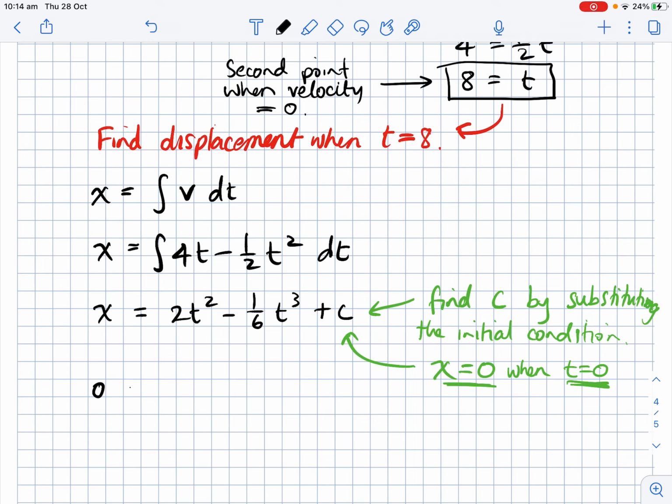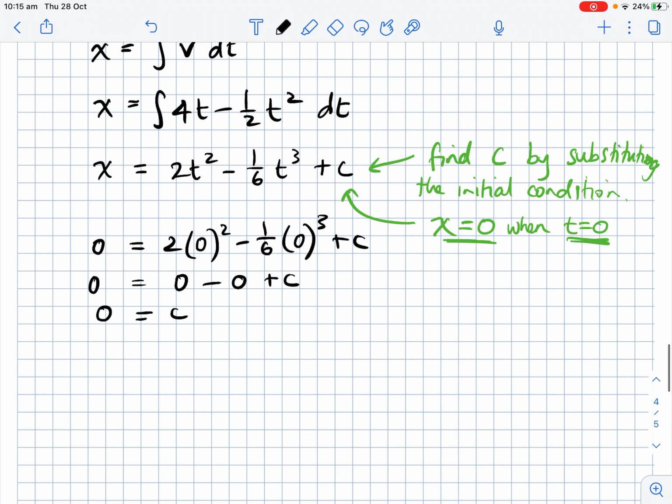And again, you might have done that in your head already, but I'm just going to show the working out here. Substituting 0 for x, I substitute in 0 for t, and I get 0 equals 0 minus 0 plus c. c equals 0. Therefore, my displacement equation is 2t squared minus 1/6 t cubed. And we want to find out that displacement at t equals 8.